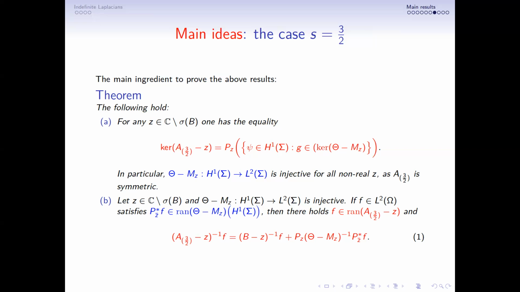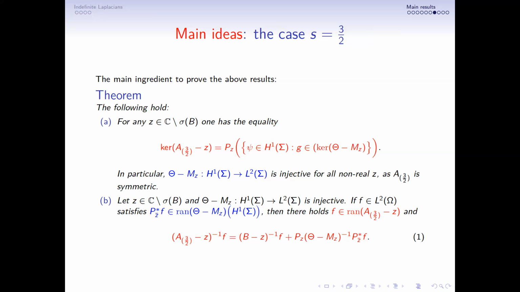So it says what it says. The important thing here is that when you pick, let's say, z outside of the real axis, theta minus mz is injective. So if one manages to show that this is invertible, meaning that it is surjective, so we need surjectivity, then this defines the resolvent formula. And this shows that the kernel is empty for non-real z, and with this you will show that the range is L2 of the whole space.